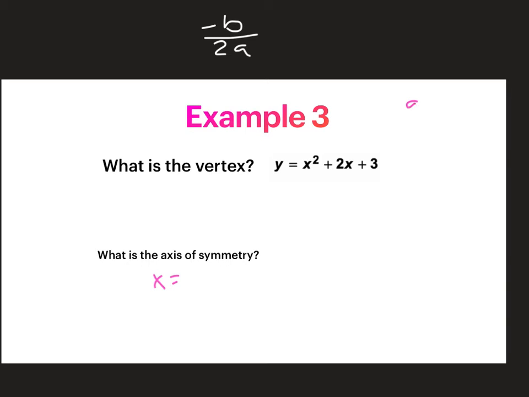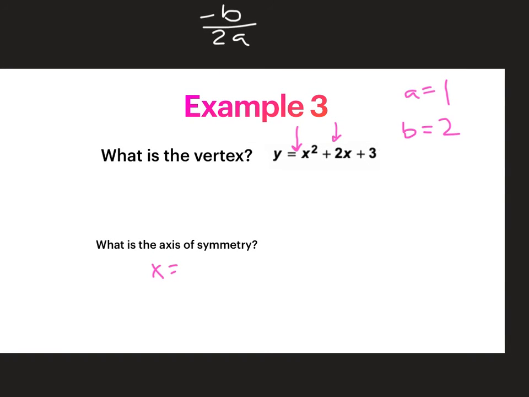What is our a? So what's that number in front of the x squared? 1. Perfect. If there's no number in front of it, but that x squared is still there, it's a 1. And then what's our b? 2. The number in front of the x is our b. We don't use the c for these, so you can kind of just ignore that.